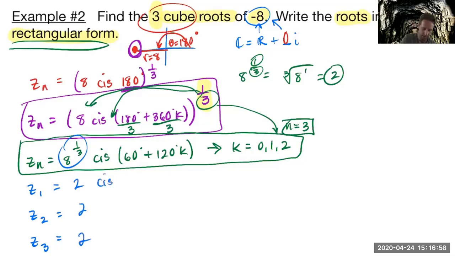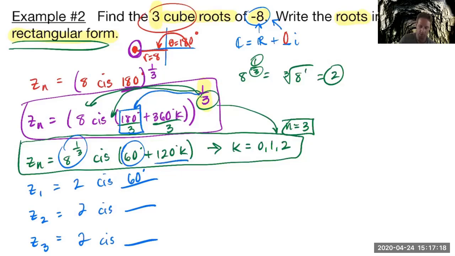The cis we'll have to expand and deal with in a minute, but to get all of my angles, which is going to be the parts that differ, I'm going to start with my reference angle of 60 degrees, which remember was originally 180, but we had to apply the 1/3 to it. But I'm going to add that 120, which remember was also originally 360 that we applied the 1/3 to.